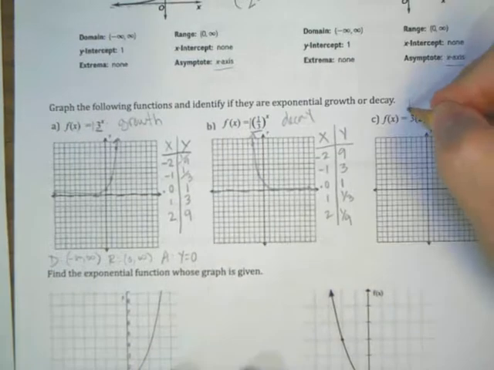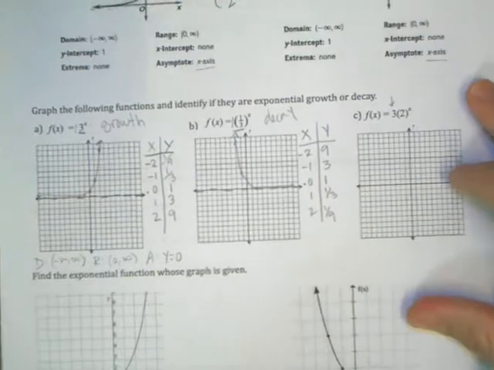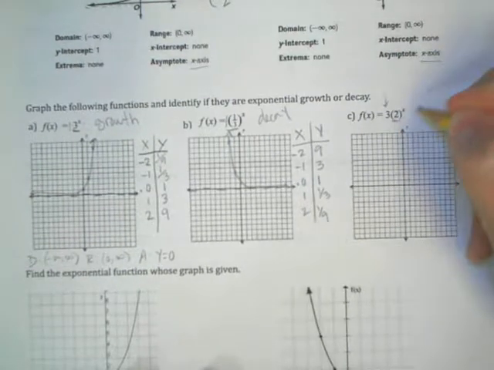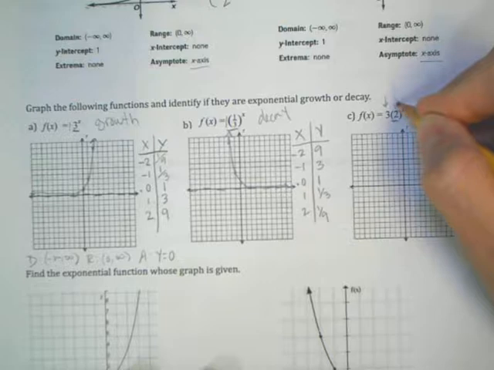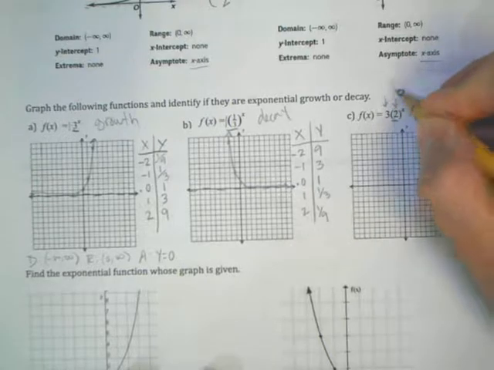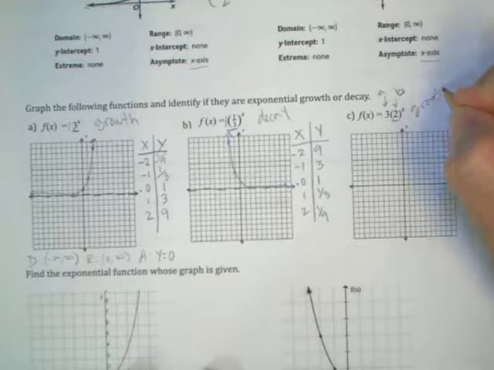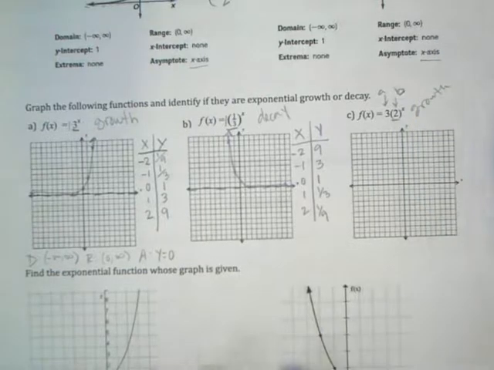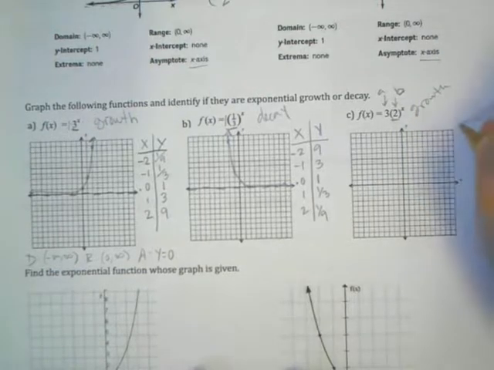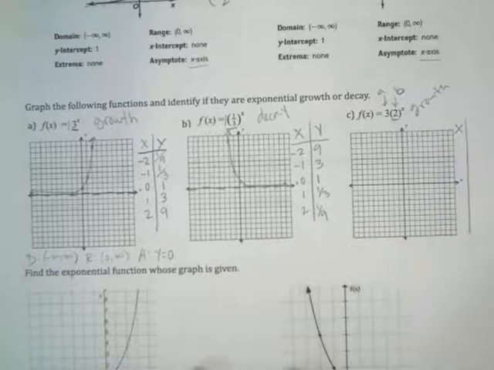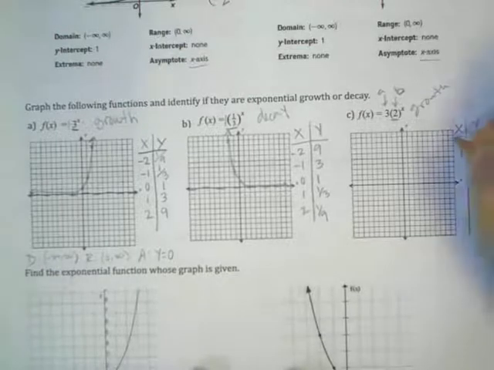Okay, we definitely know it's growth because our b value, this is b, that's b, this is a. So our b value is bigger than 1, so we know it's growth. Alright, let's see what happens here. X, y. Now pay attention when I fill out this table though. -2, -1, 0, 1, 2.